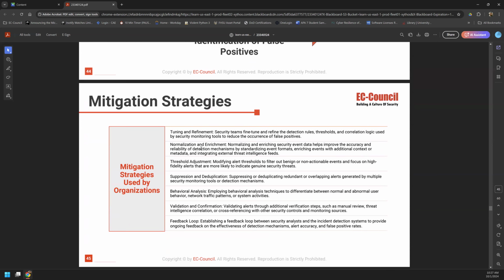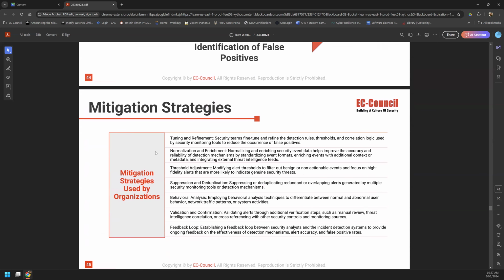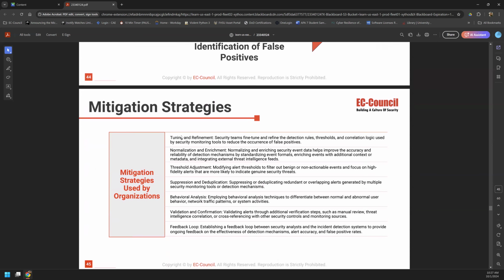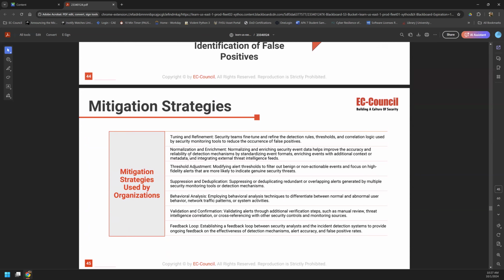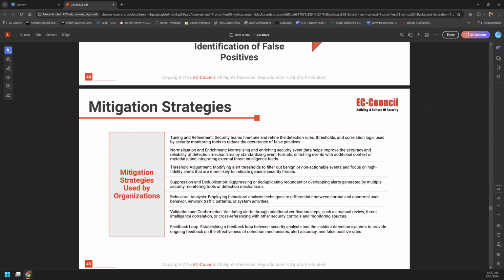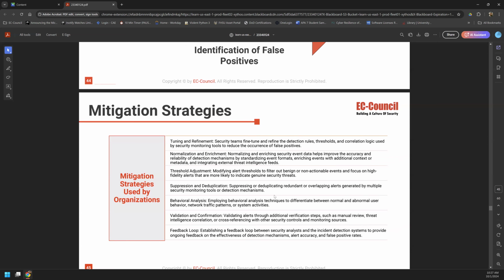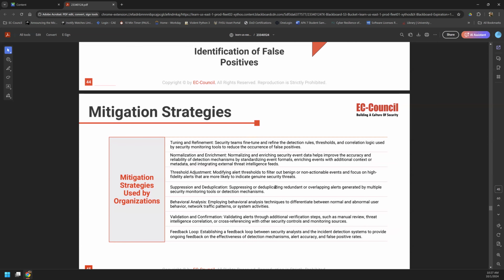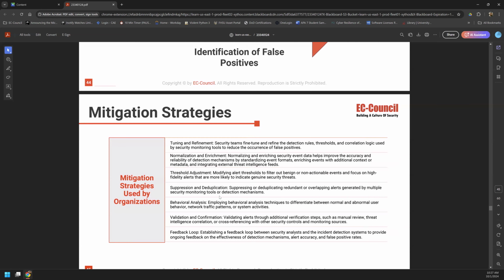So mitigation strategies that are used by organizations are going to be things like tuning and refinement, basically adjusting those rules and thresholds and any kind of correlation logic used by the security tool to help reduce those false positives over time. Really getting into normalization and enriching those security data events to help improve the accuracy. Suppression or even deduplication of multiple alerts being generated at the same time for the same thing.